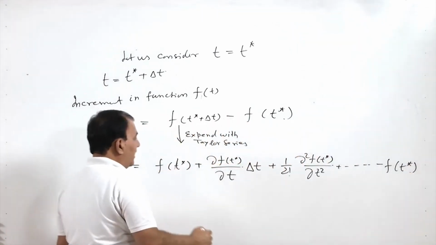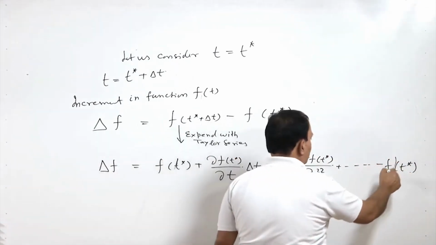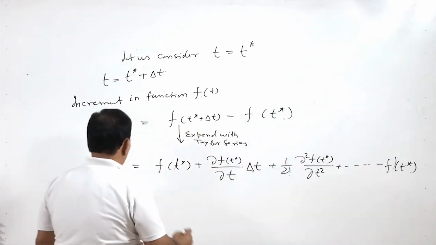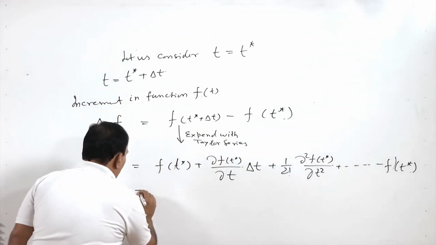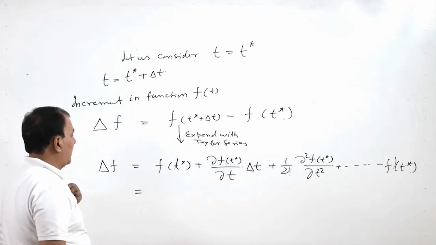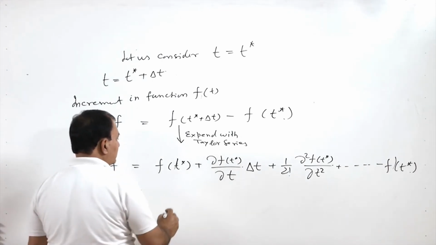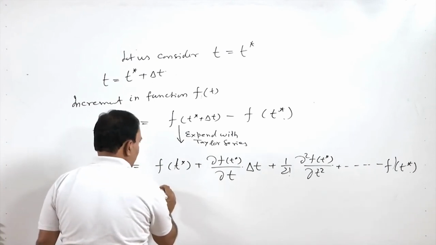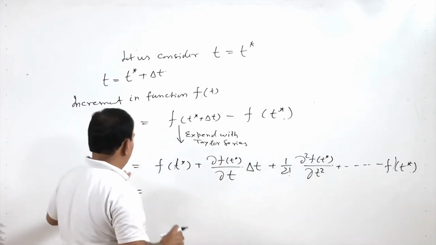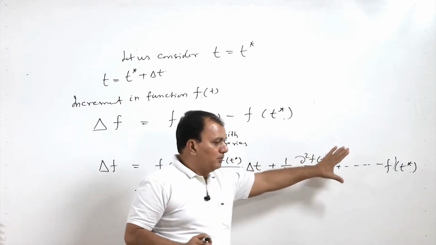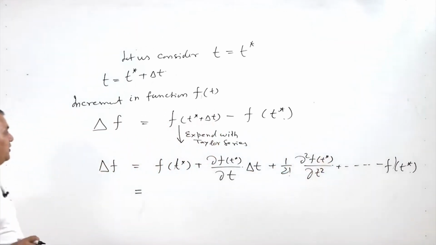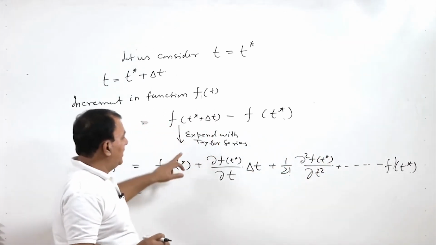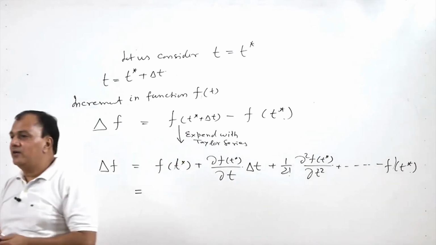So I can cancel this out. This is basically the expansion of f(t plus delta t) using the Taylor series.